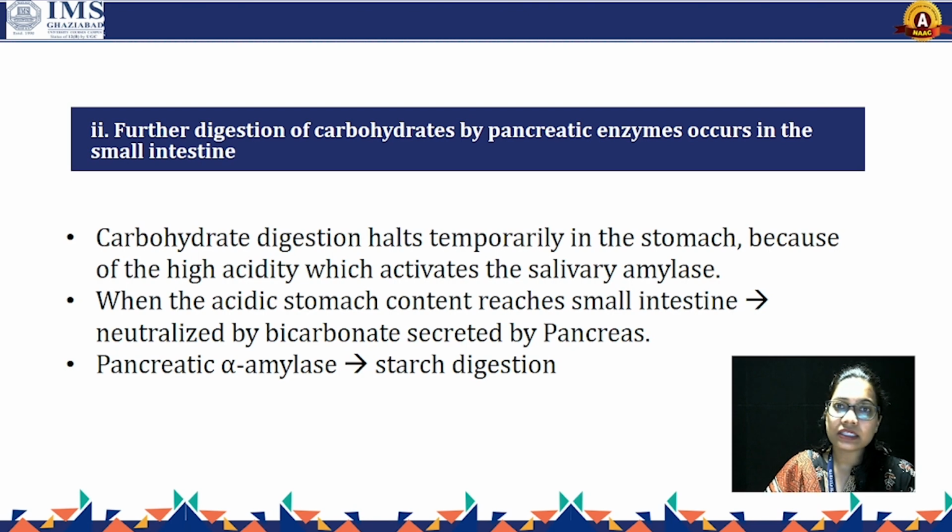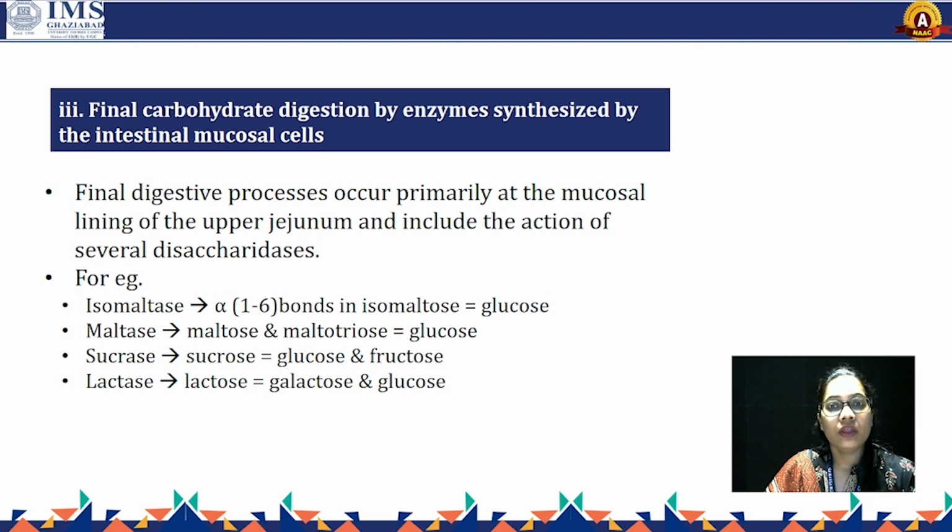In the pancreas, acinar cells are responsible for this, and then pancreatic alpha amylase continues the digestion of starch. Now the food product is transferred into the first part of the small intestine, that is the duodenum.